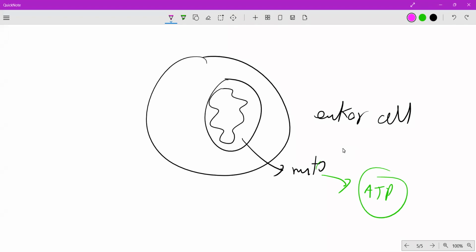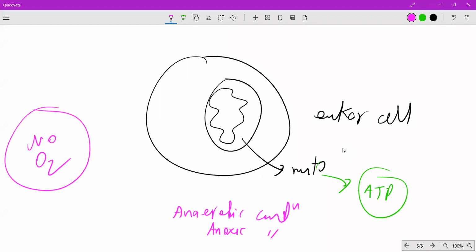If I put this cell under anaerobic condition, under anoxic condition, we know there's no oxygen. And mitochondria requires oxygen to function.